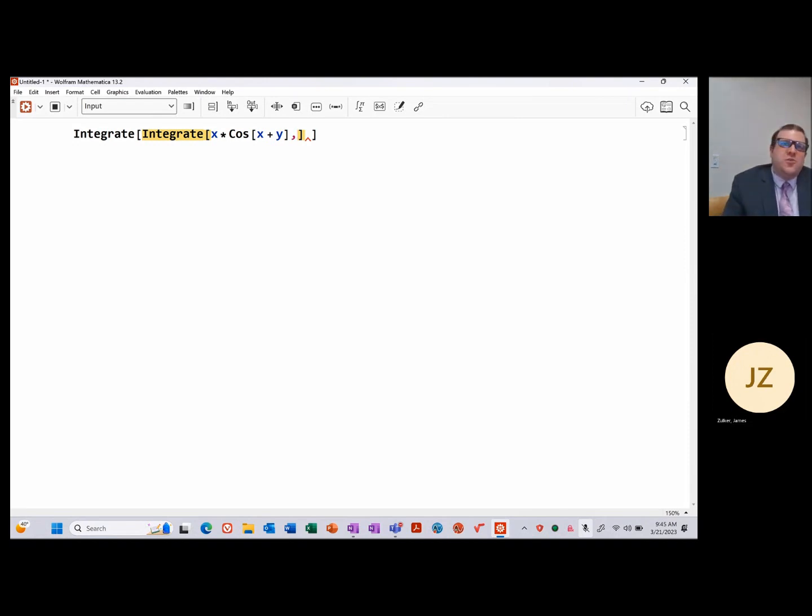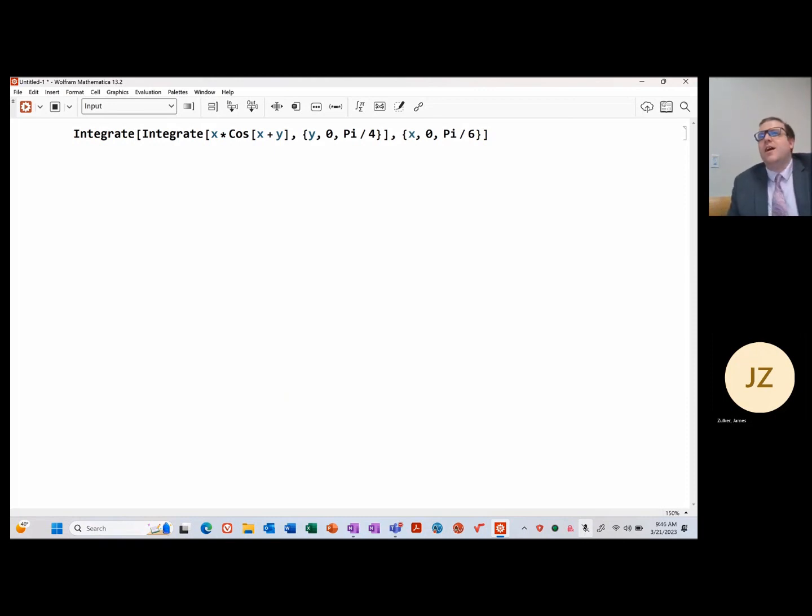Now remember how the iterated integral works? The inner integral is with respect to the first differential, which for us was y. Y will go from 0 to pi over 4. And then x 0 to pi over 6.